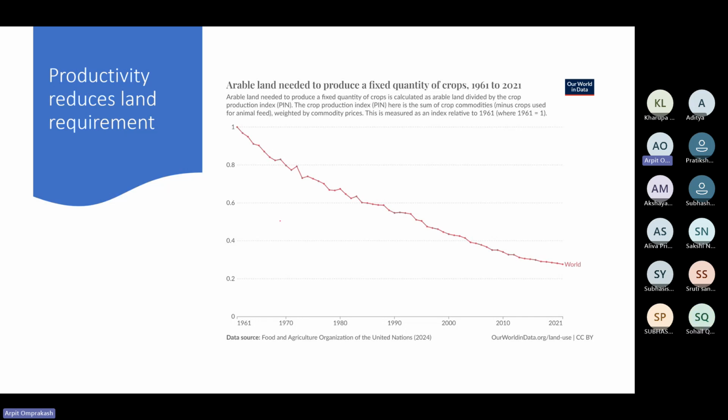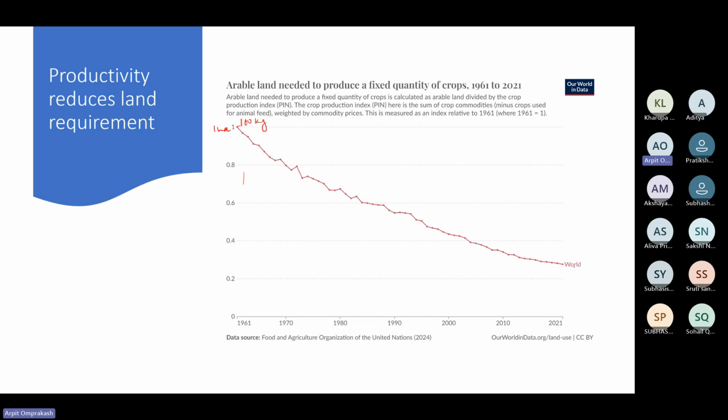So what does this mean? Let's say to produce 100 kg of some crop, you needed, let's say, 1 hectare of land in the 1960s.